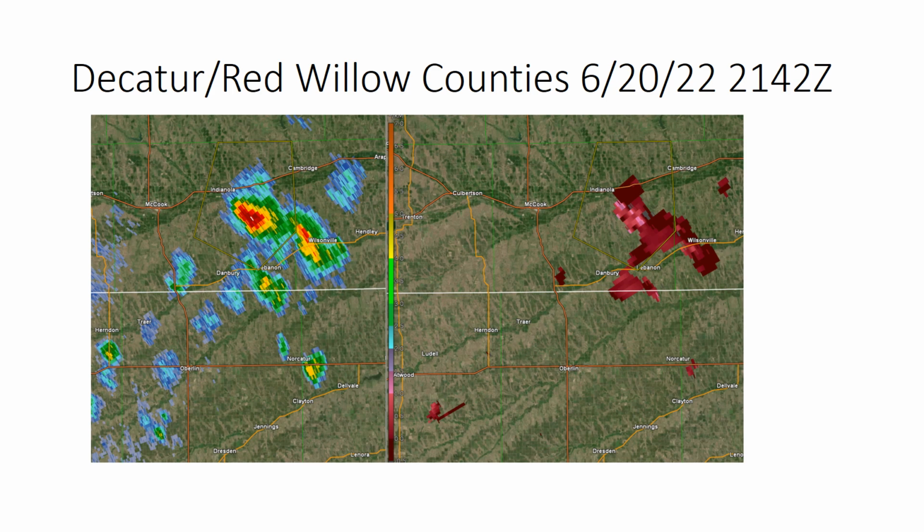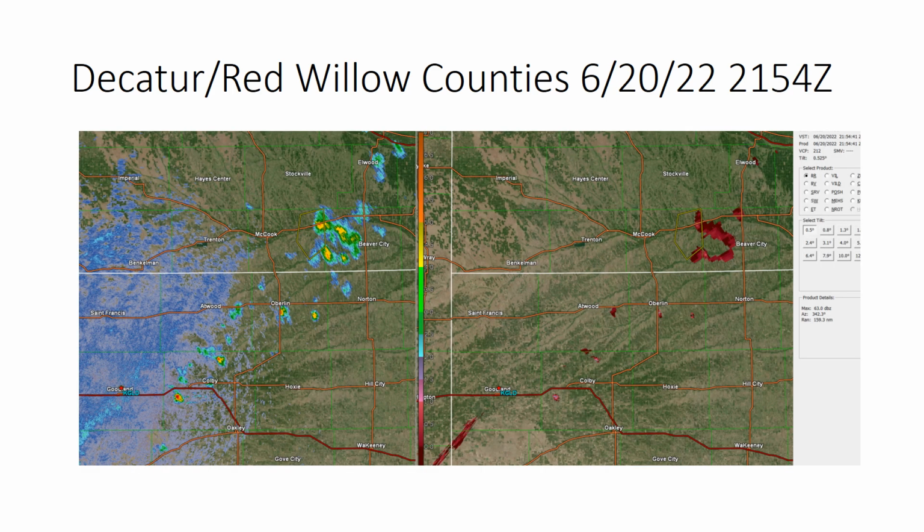So that would go along with the Custer et al. paper, that with a dissipating KDP core is when the downburst will occur. And then at 2154Z, as you can see, all of the storms have just completely dissipated.